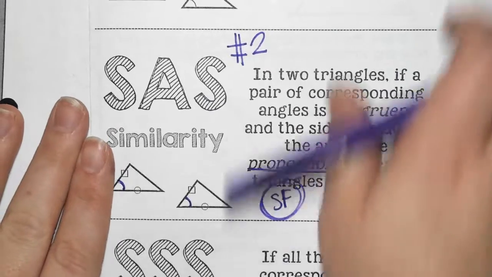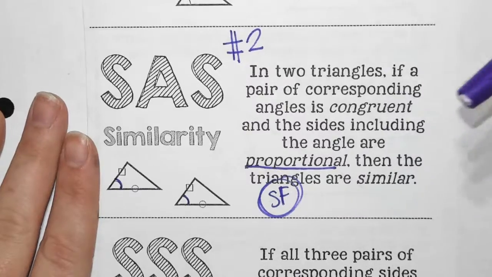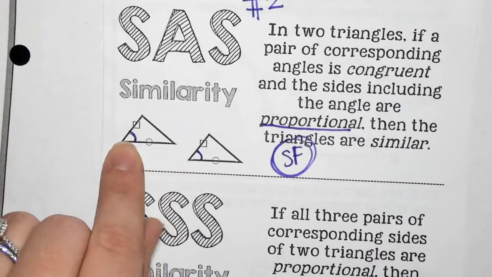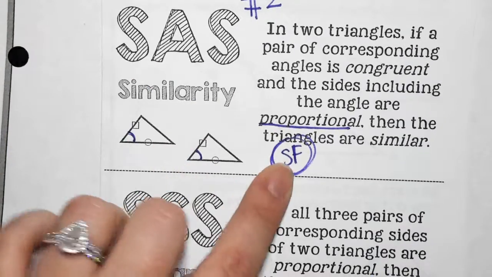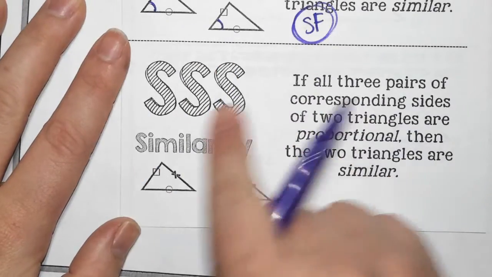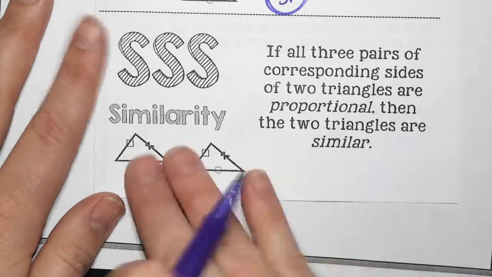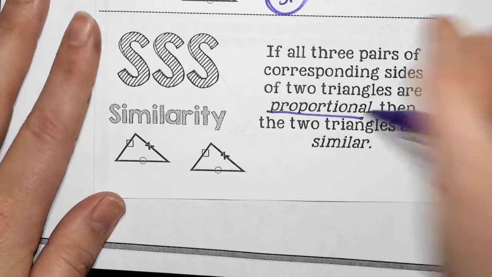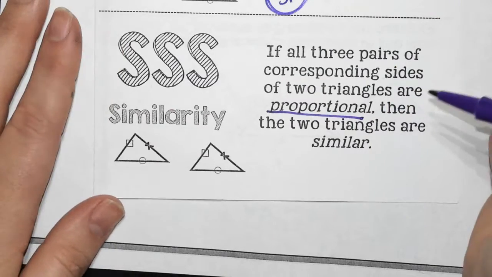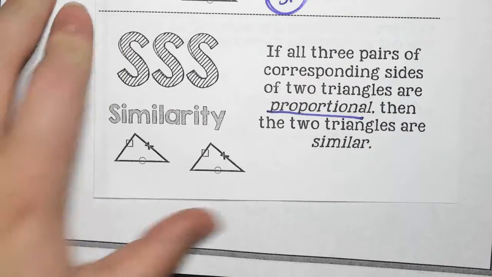So I'm going over these and then we're going to put them to good use and actually practice them. So you have angle, angle, two angles. Side angle, side, one angle, and the sides are proportional. And then you have side, side, side, which means you have no angles, but all three sets of sides are proportional, which means their scale factors are all the same.